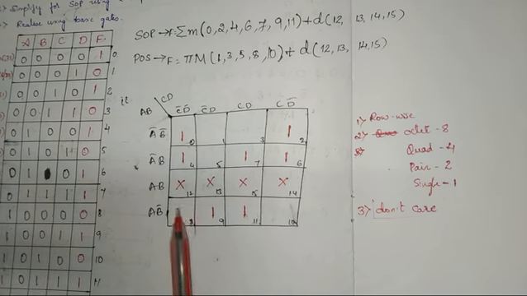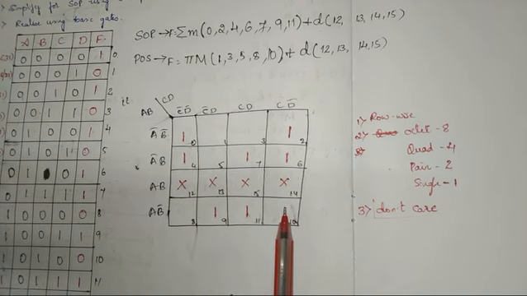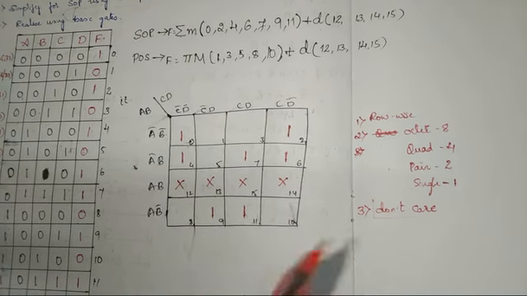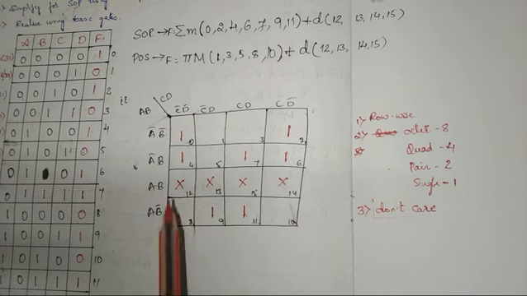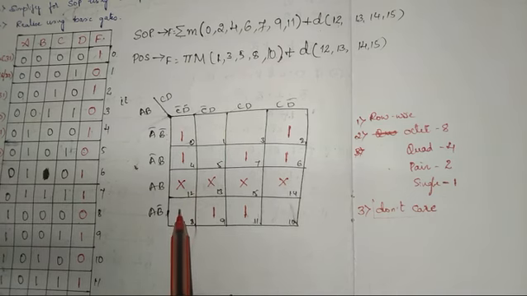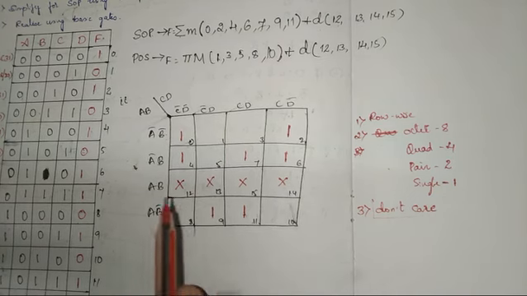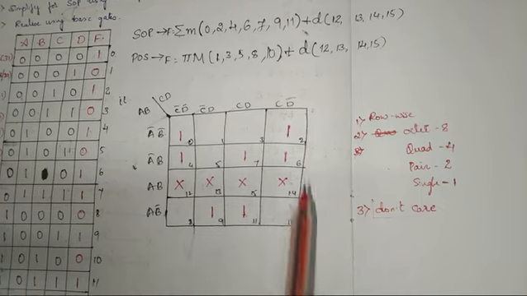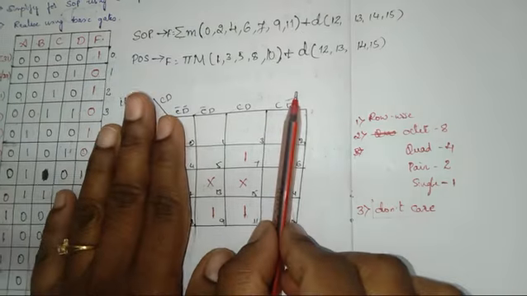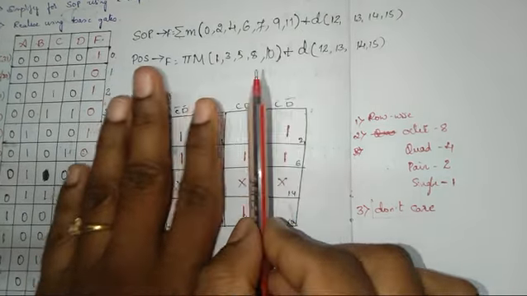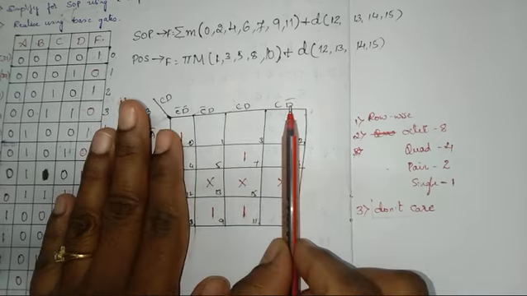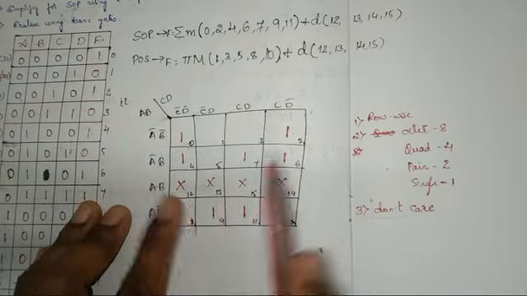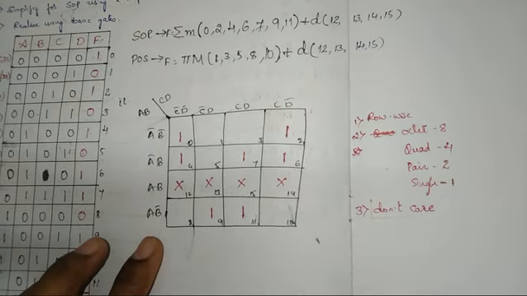Is there any one in these places? No, right? See here, for example, if I had 1 and 1 here, in that case, if I would have rolled this K-map, then we would have made an octet.